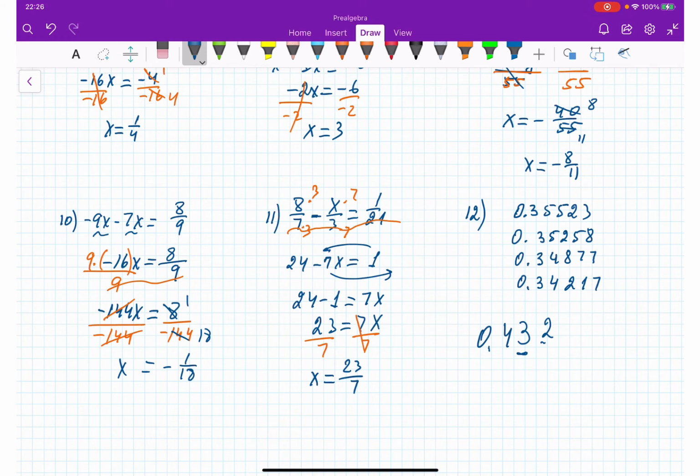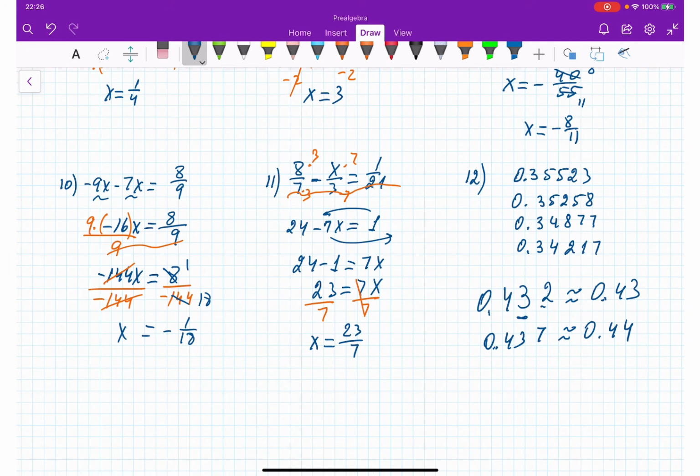If the following number is less than 5, then we don't change that hundredths digit. It will be 0.43. But if the following number is 5 or higher, then this 3 will become 4. We adjust one number higher.